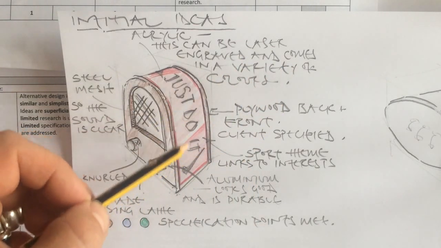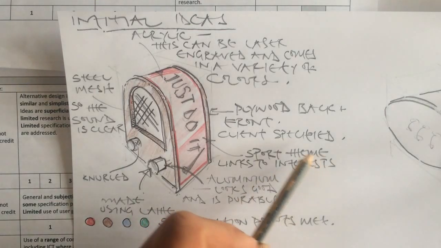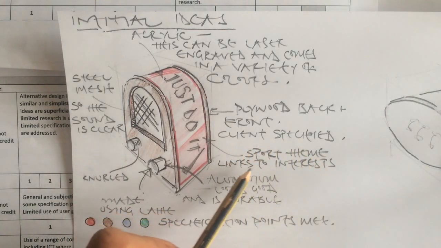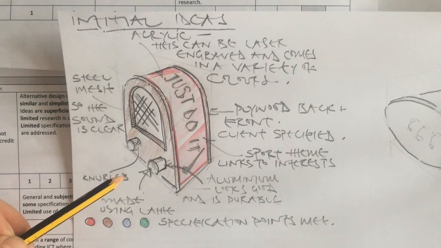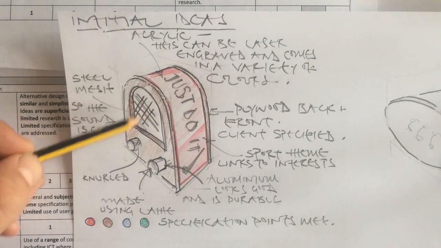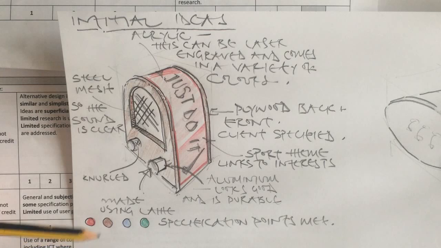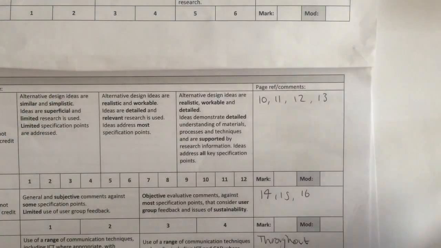This sports theme is also something that linked to the interests of the client, so that's another link to the research that I've done earlier in my project. Lastly, we've got steel mesh so that it gives a clear sound, and that was another point from a specification in relation to function.